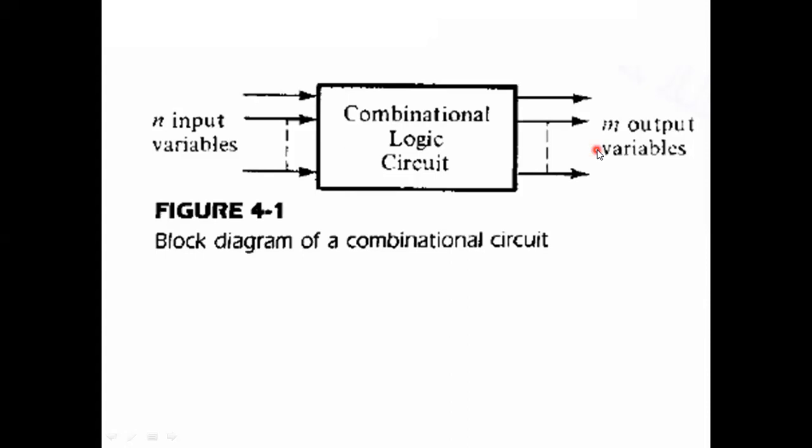We are getting only 2 outputs for the adder circuit. If you are taking the subtractor, what are the outputs for the subtractor? Difference and borrow are the outputs for the subtractor circuit.